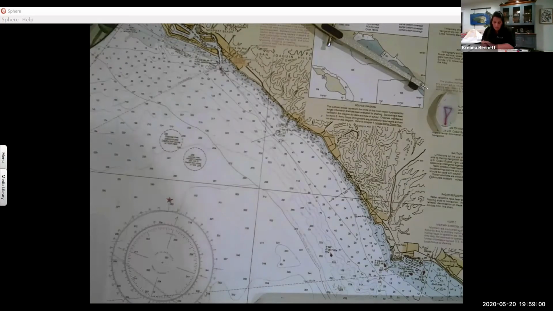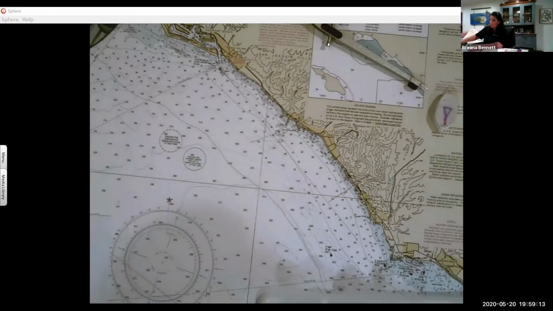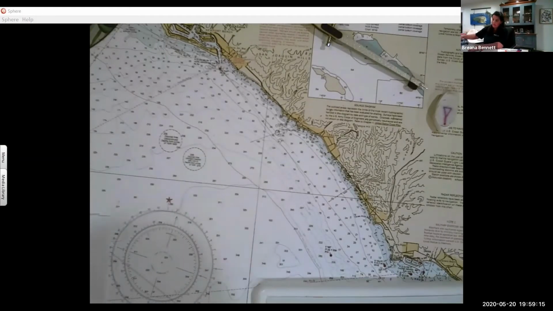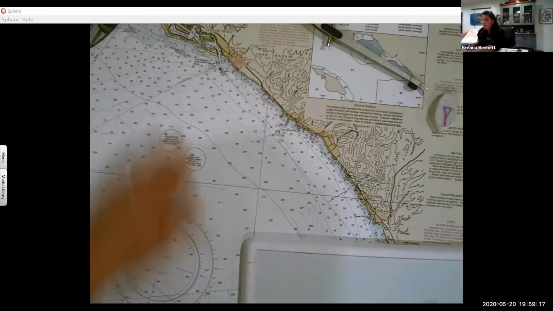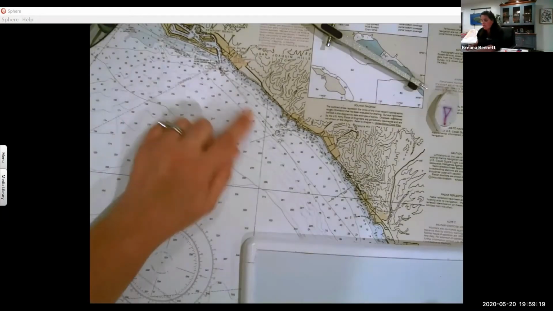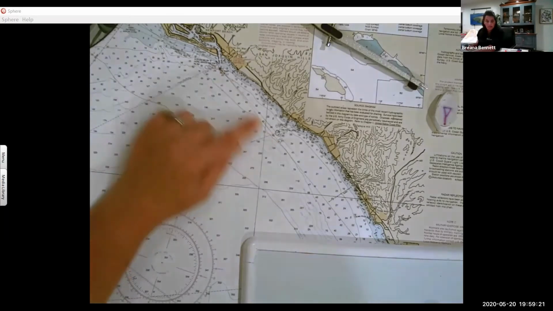Now it asked me what was my actual course over ground and what was my actual speed over ground. So our course over ground, because the buoy we left was the buoy we got a bearing of, we already have our course over ground drawn in.